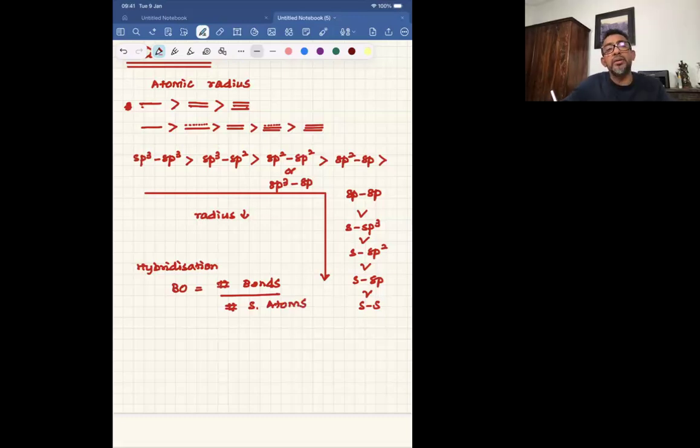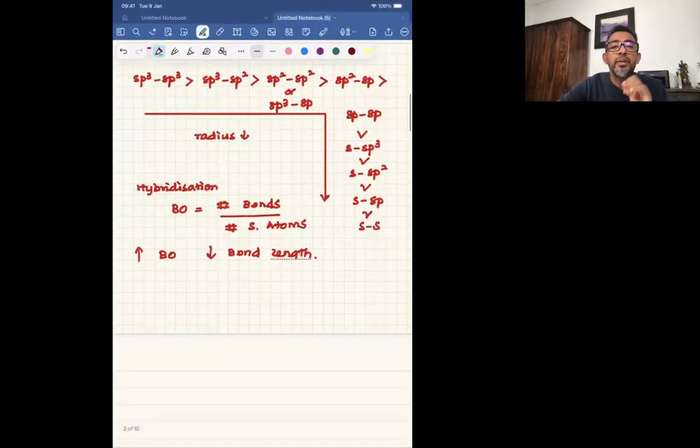Higher the bond order, lower the bond length. Right? Higher the bond order, lower the bond length. So that's what you're trying to look at. Okay?